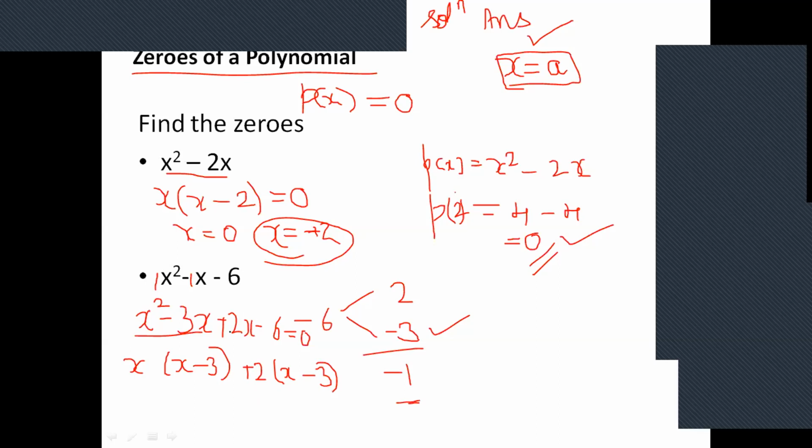Please remember that it is plus 2 and minus 3. So here I take 2 common, then you remain with x minus 3. You can see that x minus 3 is common. Take x minus 3 common here, and then x plus 2 remains inside. I hope it is clear to you. So using this, you get x equal to 3 and minus 2 as the answer.